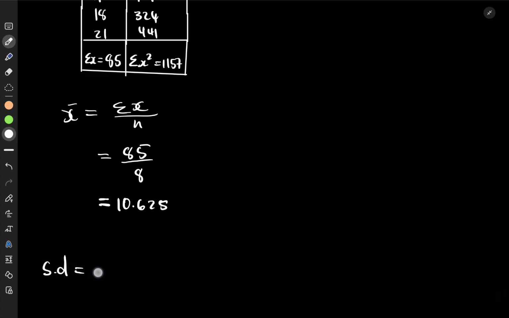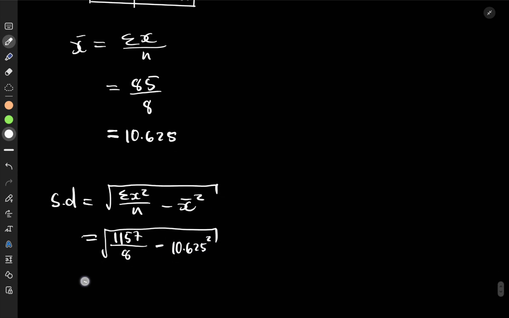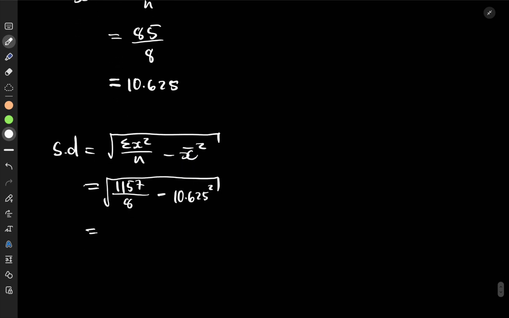Then we do the standard deviation. Standard deviation is the square root of summation of x squared over n minus the mean squared. So this is going to be 1157 over 8, minus 10.625 all squared, all under a square root. So we say 10.625 squared, we get an answer.